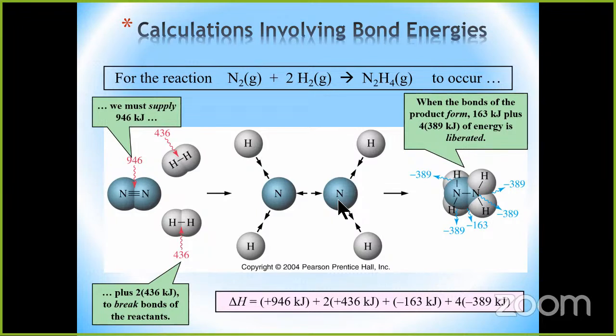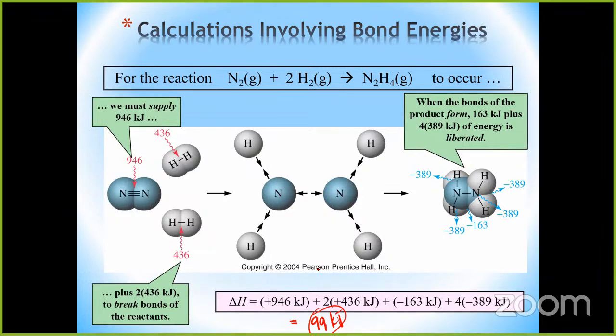According to my calculations, this works out to be equal to 99 kilojoules when you do that calculation. So basically, that's the utility of the bond dissociation energy values. We can use them to determine the enthalpy change of a reaction.